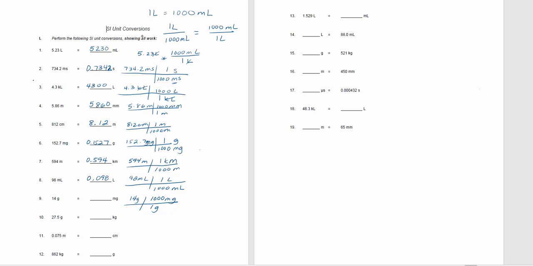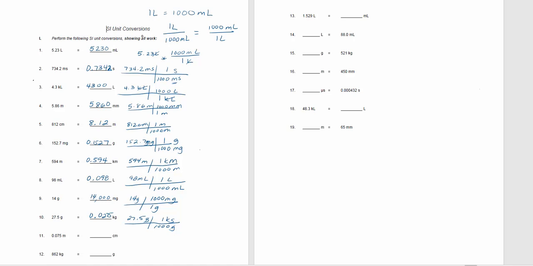So I multiply 14 by 1,000, and I get 14,000 milligrams. 27.5 grams, we're going to convert that into kilograms. So 27.5 g, and there are 1,000 g in 1 kg. So divide 27.5 by 1,000, get 0.0275 kilograms.